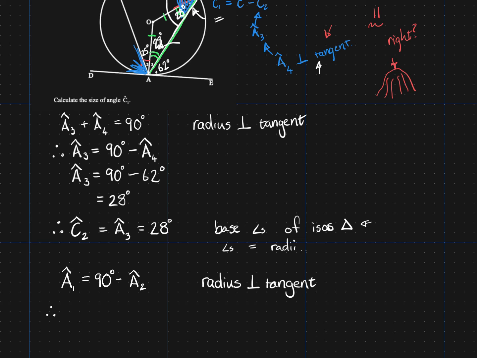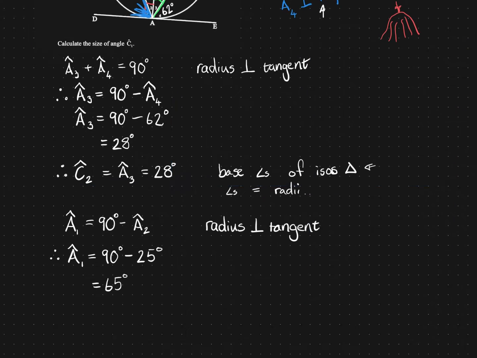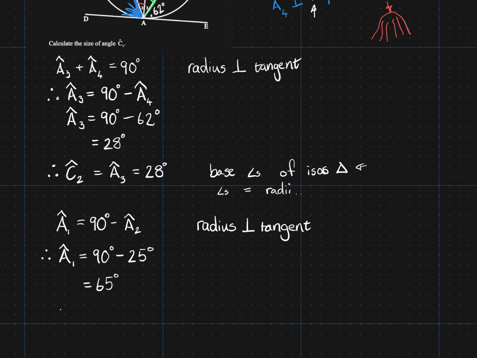So therefore A1, my word, is equal to 90 degrees minus, we're told it's 25 degrees, so that gives us 65 degrees. Why is that useful? Because if A1 is equal to 65 degrees, we know that tan chord theorem means that C is equal to 65 degrees as well. So tan chord.